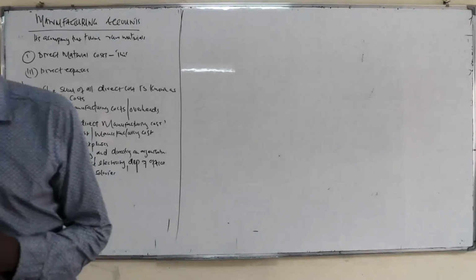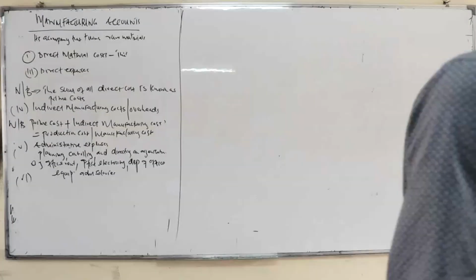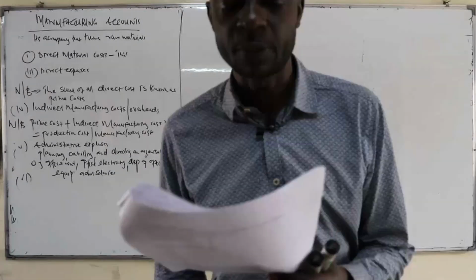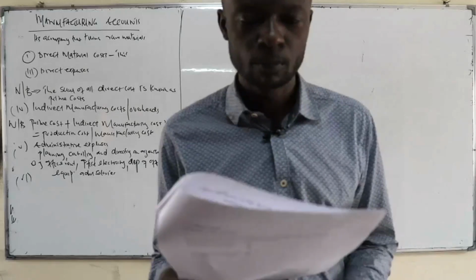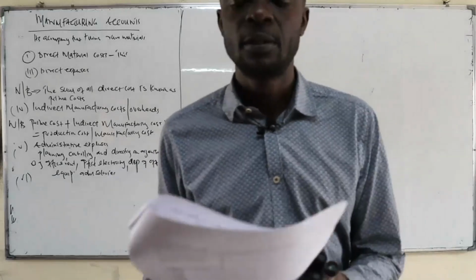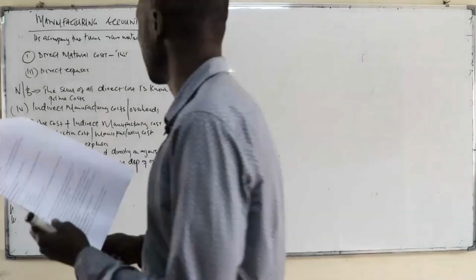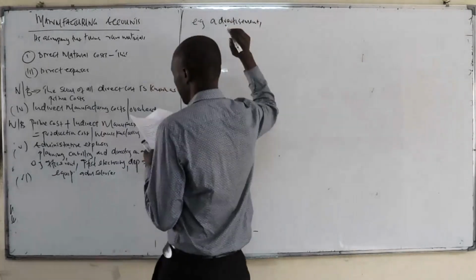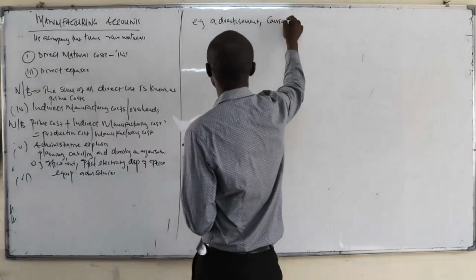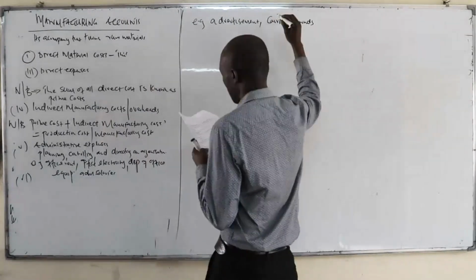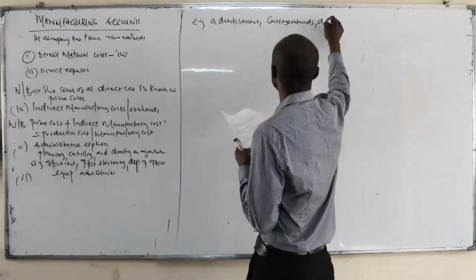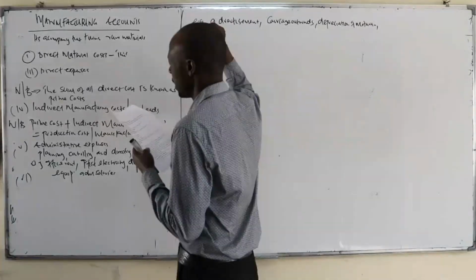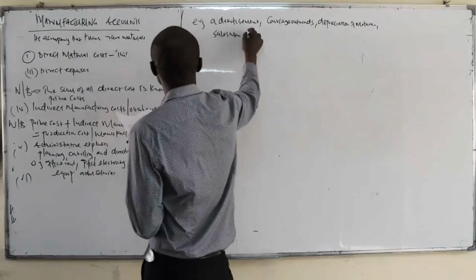These are expenses incurred in the process of selling, promoting and distributing the goods manufactured, e.g. advertisement, carriage outwards, depreciation of motor van, salesman salaries, etc.